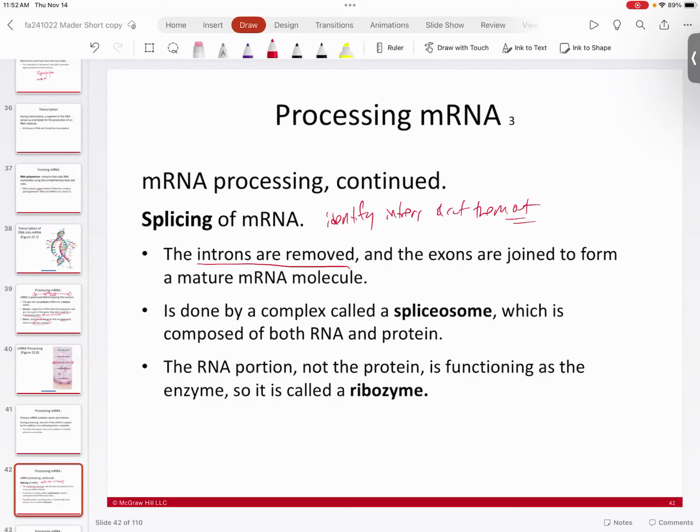There's a complex of proteins and RNA, snRNA actually, called the spliceosome. The spliceosome's job is to recognize these introns and then ultimately cut them out. The RNA piece acts like an enzyme here, so it's catalytic. And when you have a catalytic RNA, we call it a ribozyme.